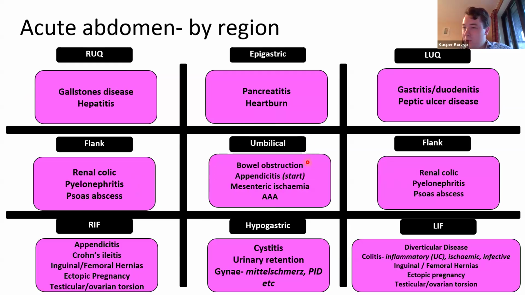Now, the umbilical region, we've talked about bowel obstruction, start of appendicitis, mesenteric ischemia, and the lower GI, classically the lower bits. Remember the ectopic pregnancy and the testicular and ovarian torsion, especially on the flanks.